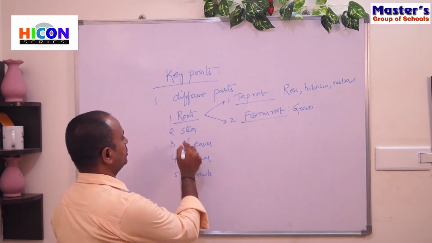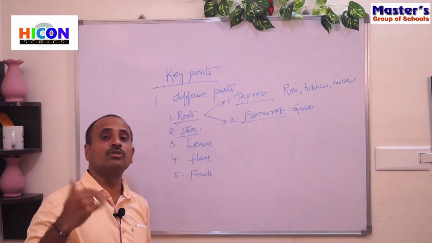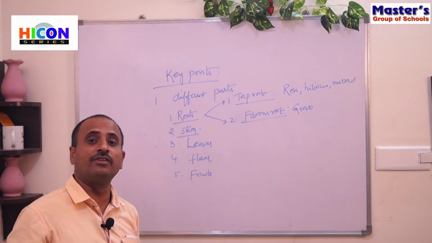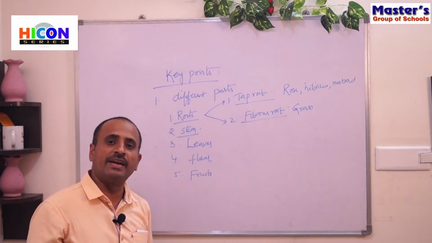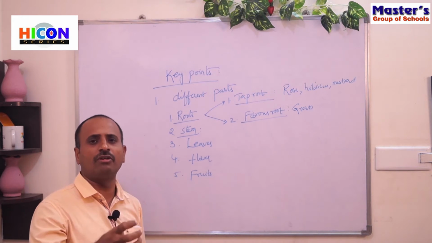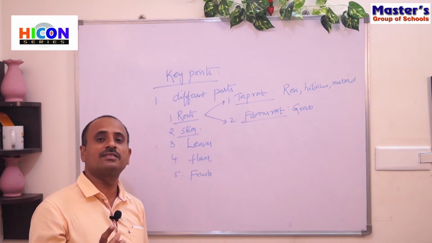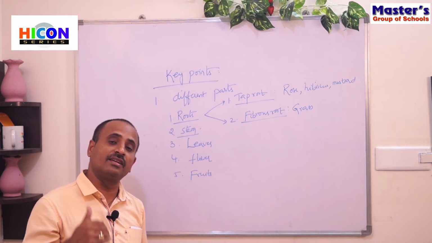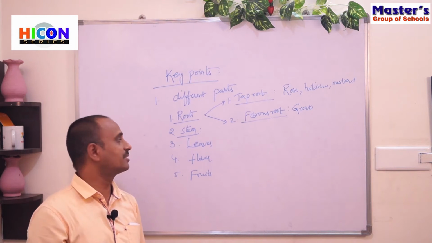And children, the next one is stem. The part which grows above the ground is called stem, and the stem is different for different types of trees and plants.